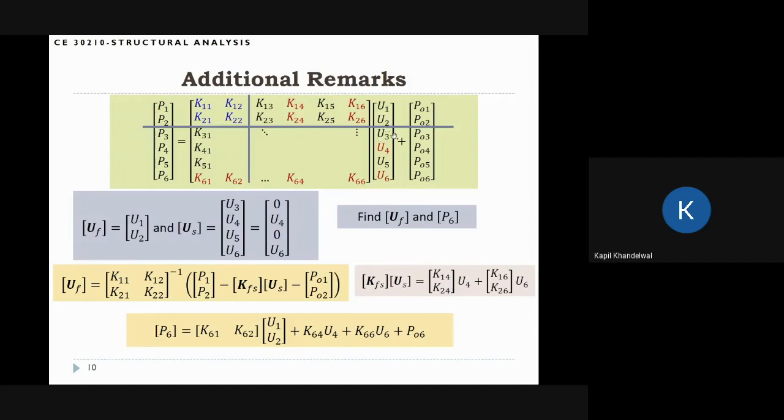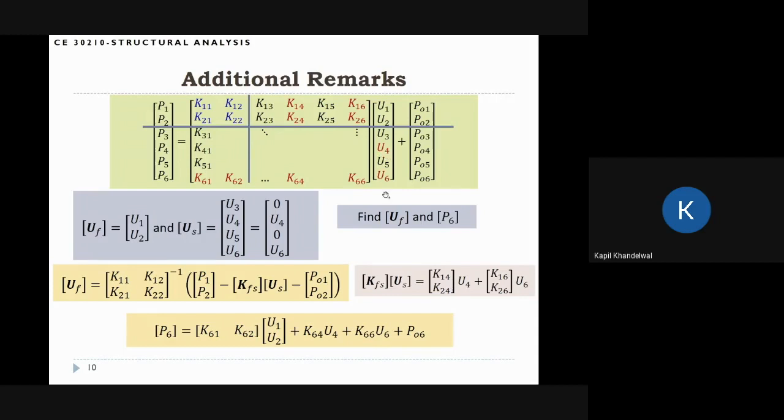So you can actually do selective algebra depending on what are the values in US. In this example that I have covered earlier, U4 and U6 were non-zero. So it means that we only need the fourth and sixth columns, which correspond to the fourth and sixth entries.